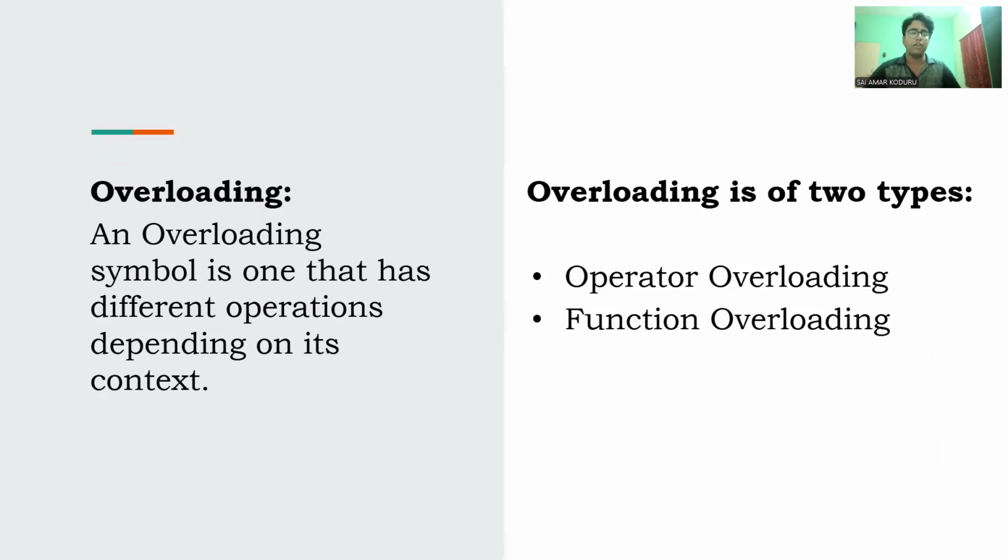Now let's talk about overloading. An overloading symbol is one that has different operations depending on its context. Overloading is of two types: operator overloading and function overloading. Overloading is a concept which is widely used in programming languages. Overloading occurs when one operation has specific functions.